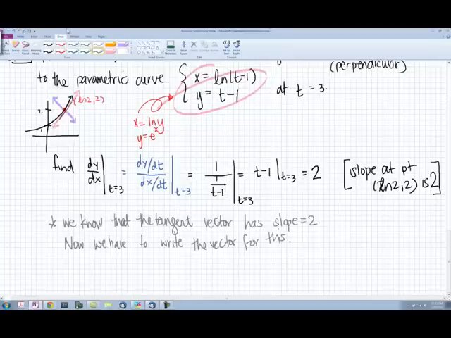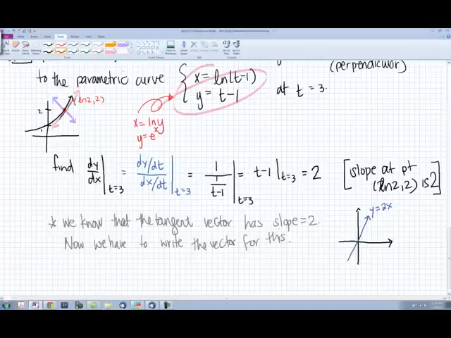So how do we write that? Let's think about this now as a whole new set of axes. I'm going to draw a line that has a slope of 2, because that's what I know the tangent vector has. So let's say this is y equals 2x. It has a slope of 2. Well, I want to know the unit vector that goes in this direction.